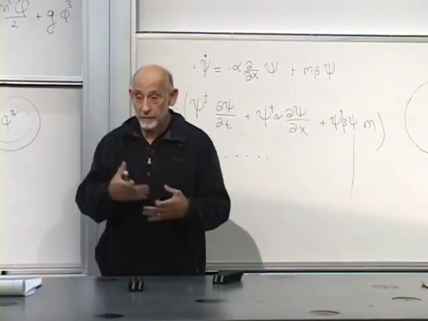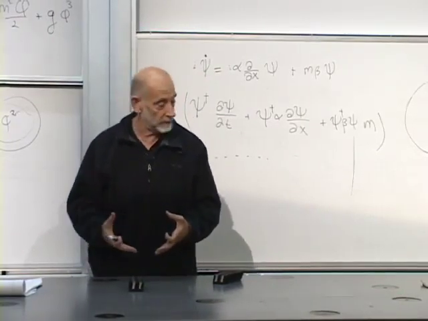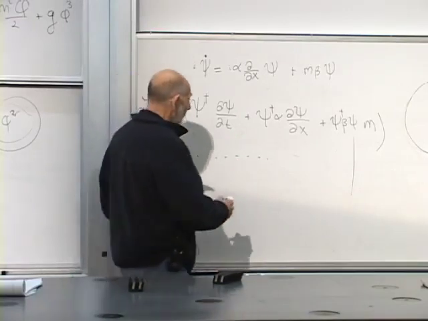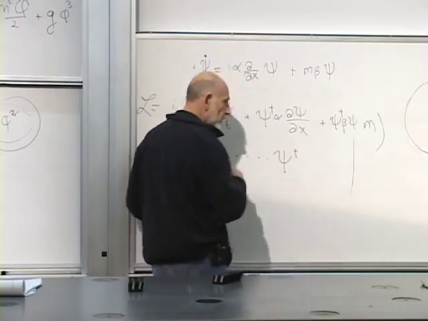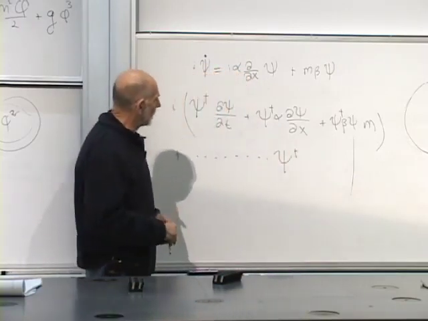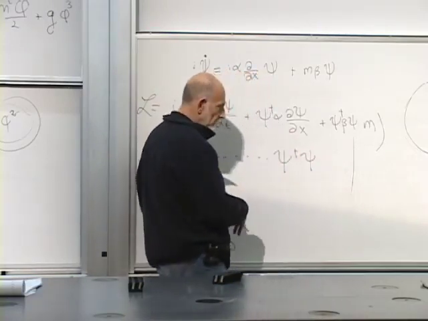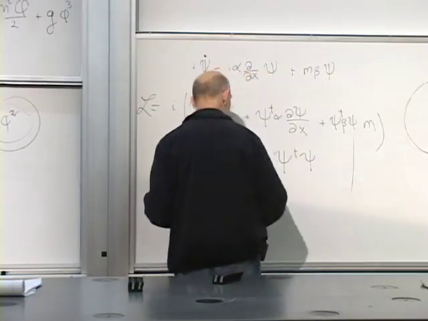which essentially means make the scalar field scatter the Dirac field, by putting terms in the Lagrangian which couple them together. For example, something like psi dagger times psi times phi.